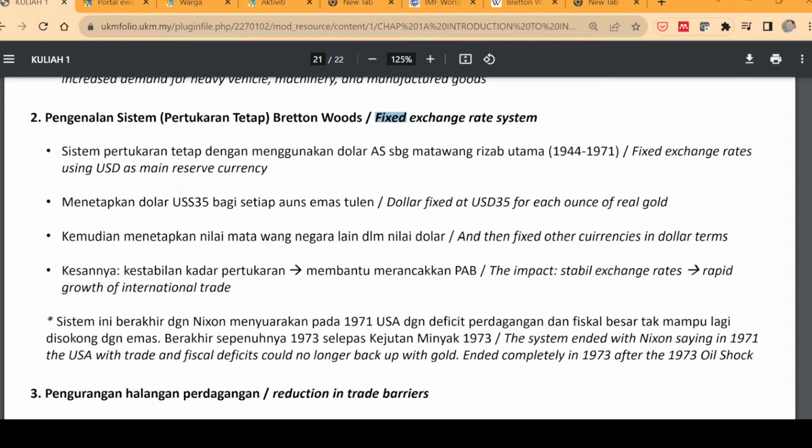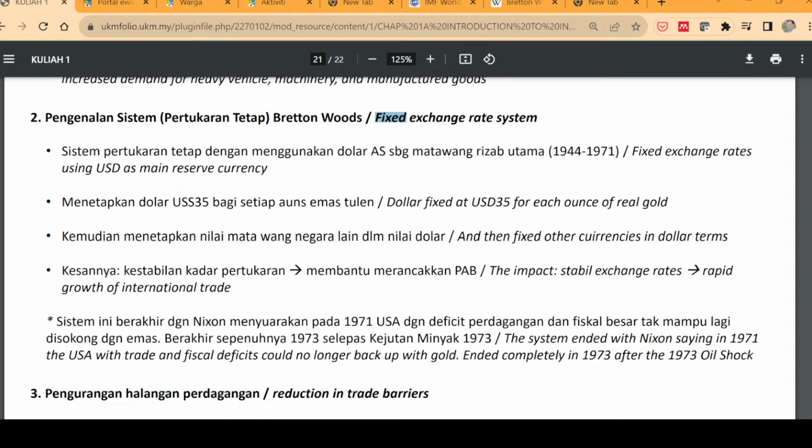So you need some kind of fixed exchange rate system in the world to facilitate trade, to help trade increase rapidly. Because of this, under the Bretton Woods system, they used the US dollar as the reserve currency at the central bank of each country.